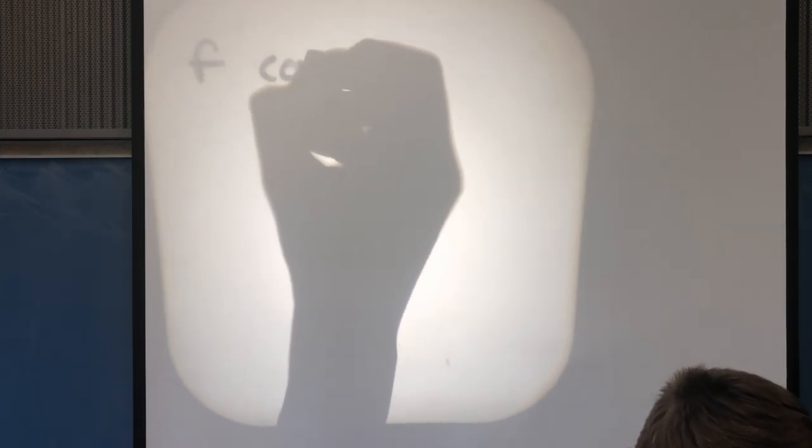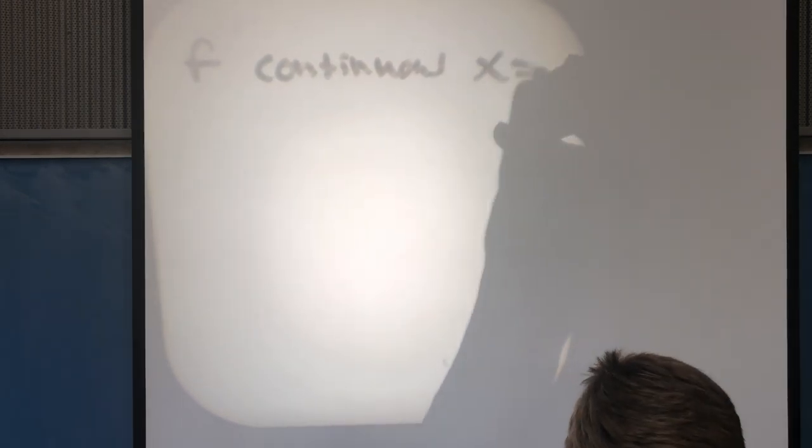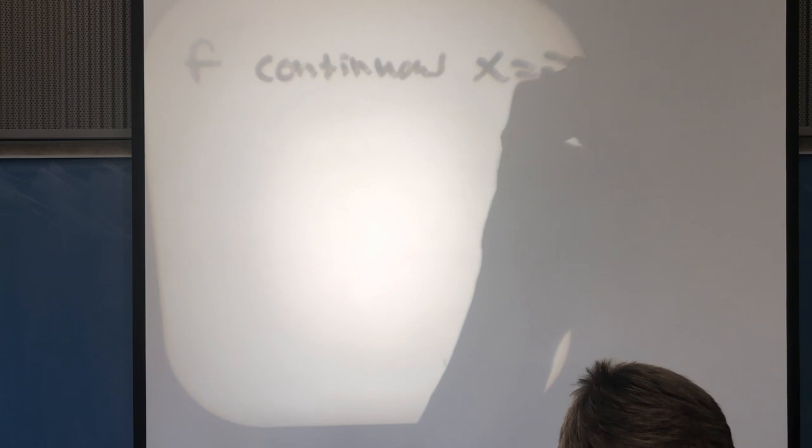Now we're going to do an example of a continuous or non-continuous function. It gives us that f is continuous at x equals c, negative 3.